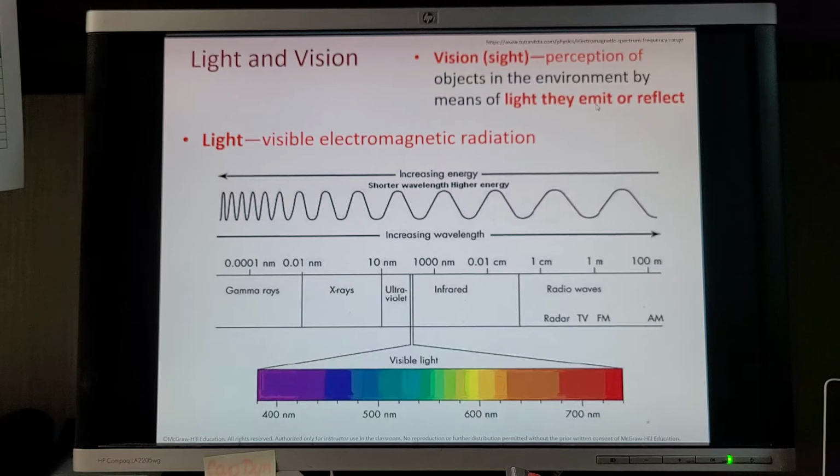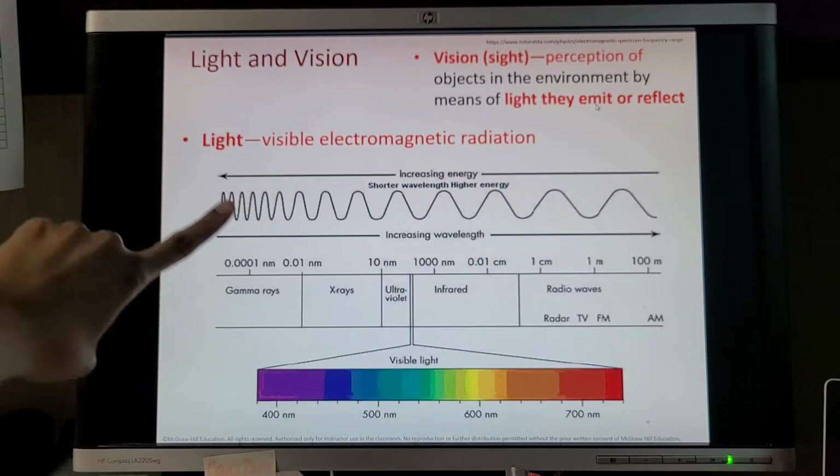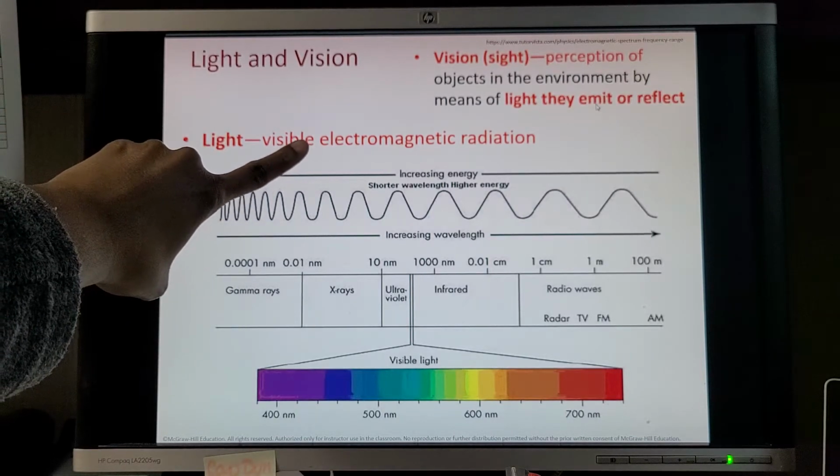And again, with stimulation, an increase in stimulation, so a brighter light, is going to have more action potentials and tell the brain, hey, that's a lot of light. Okay, so our light is on an electromagnetic radiation spectrum.